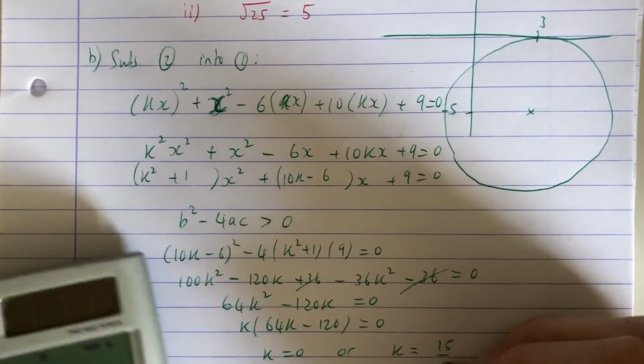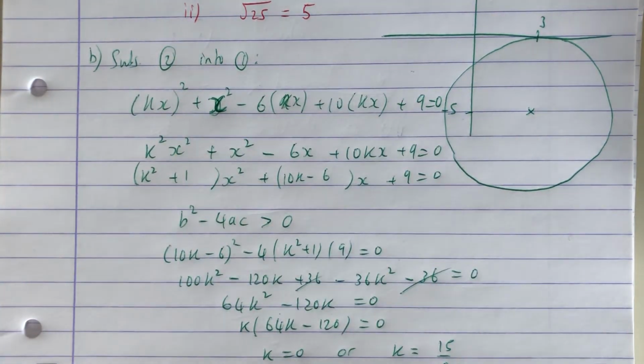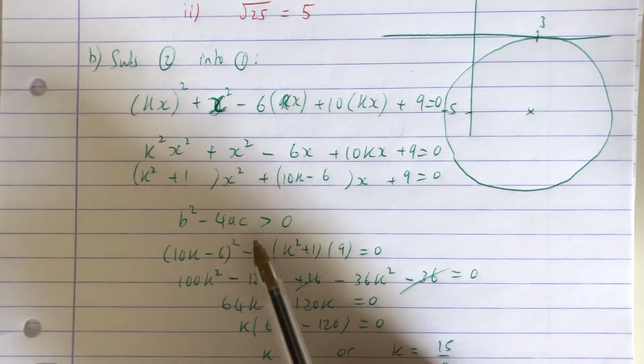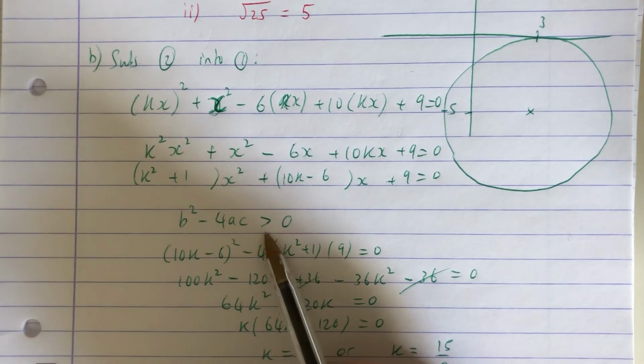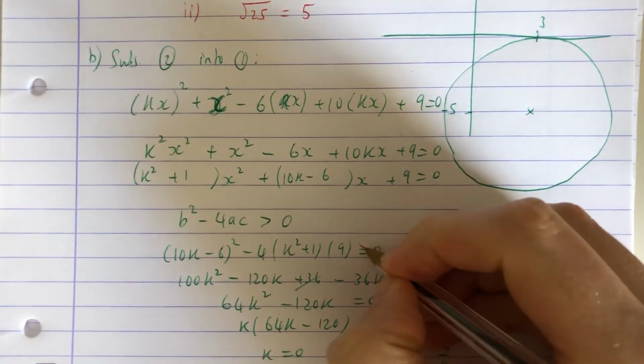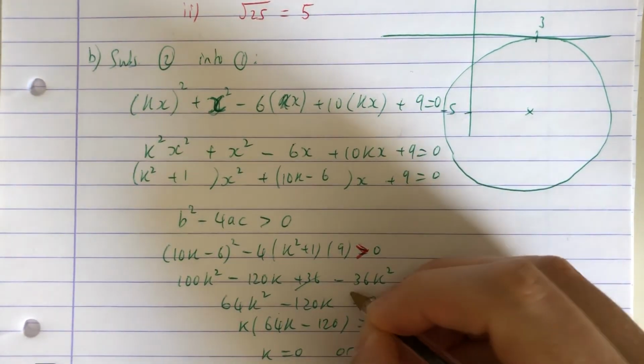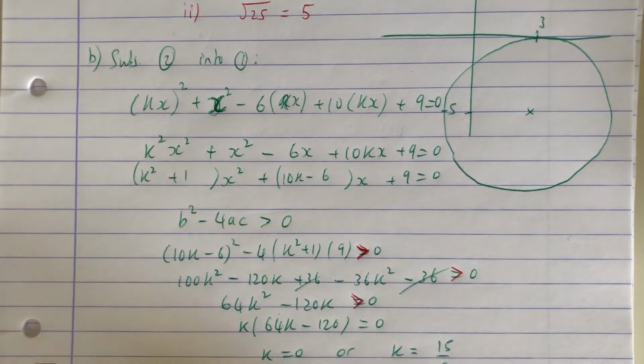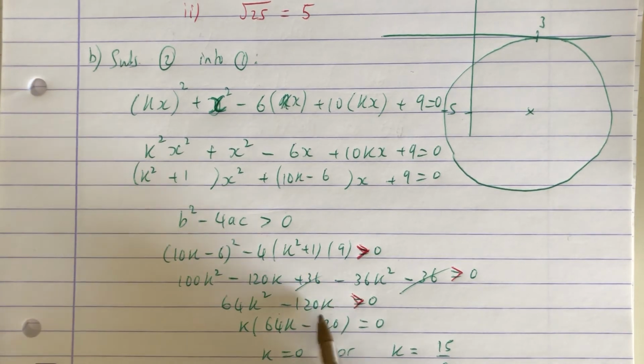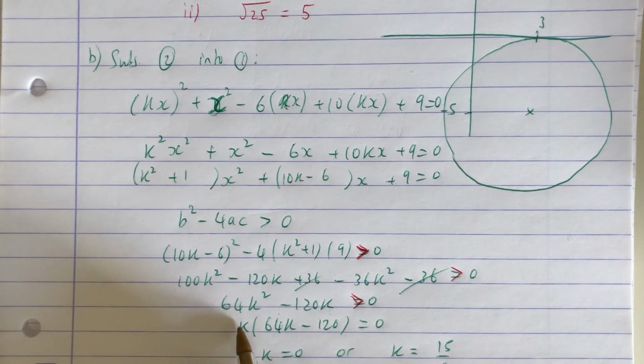I've just realised I didn't really explain what I was doing there. So the discriminant is greater than 0, so these should have been greater thans, not equal to's, greater than, like so. And when you want to solve a quadratic inequality, you have to draw a sketch of the quadratic.